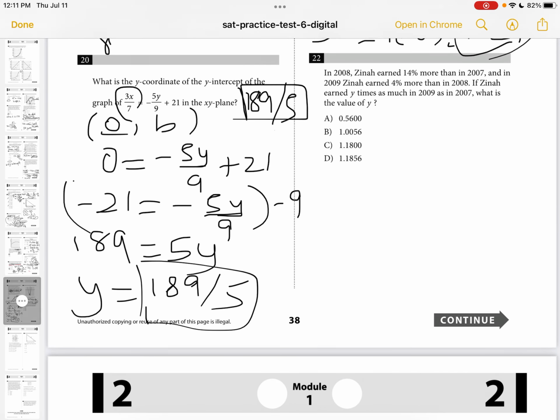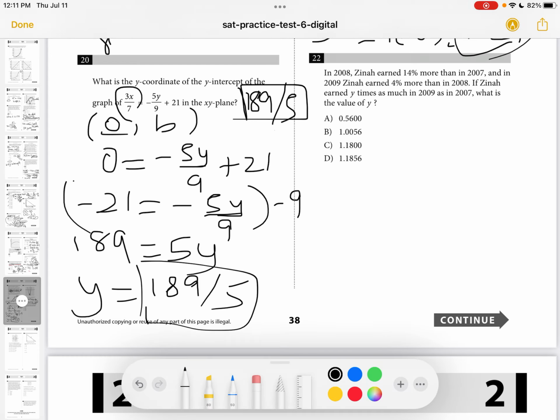Alright, next question, 22. In 2008, Zina earned 14% more than in 2007, and in 2009, Zina earned 4% more than in 2008. If Zina earned y times as much in 2009 as in 2007, what's the value of y?